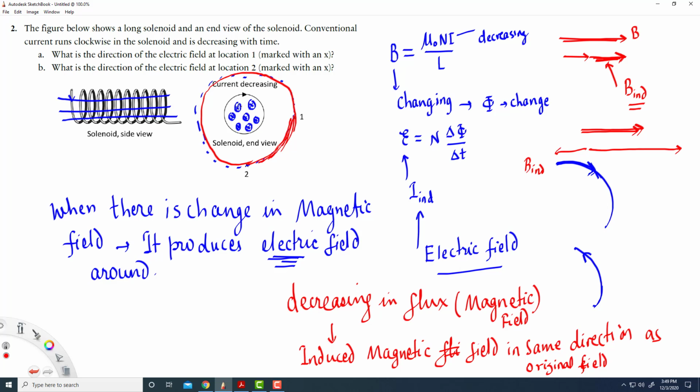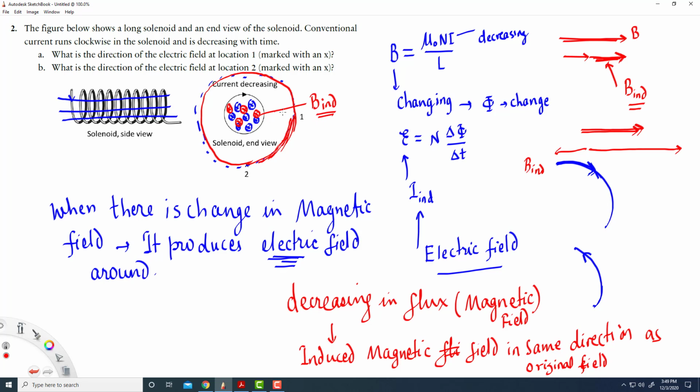So this magnetic field is decreasing. Now in order to keep it from decreasing, going to 0, you need this additional magnetic field in the same direction, okay, just to compensate that decrease. So this red one is B induced, and the current produced is the induced current, and that induced current actually is associated with this induced magnetic field.